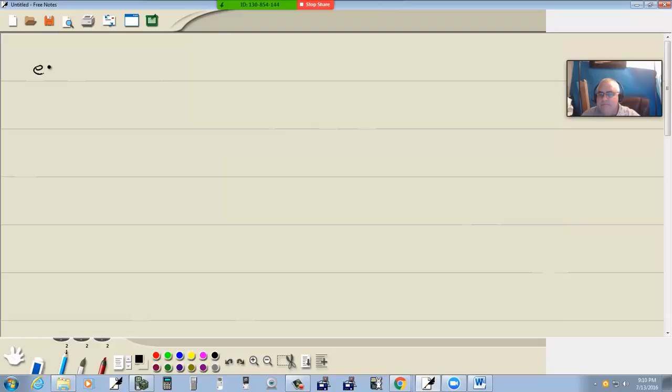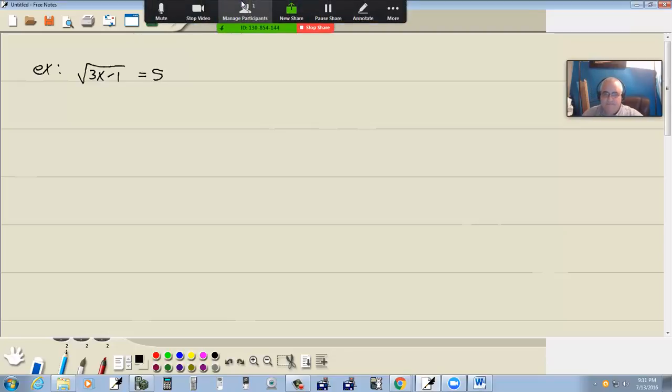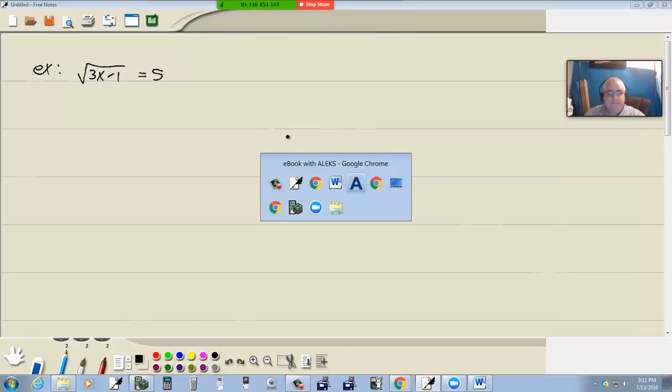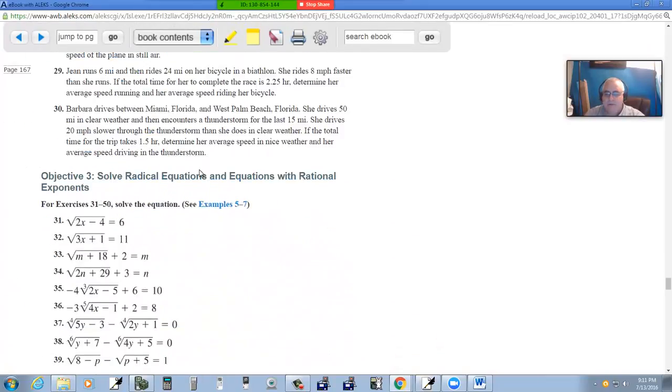Example that is square root of 3x minus 1 is equal to 5. They do get harder than this one, but I'm running out of time, so I may not be able to show that.